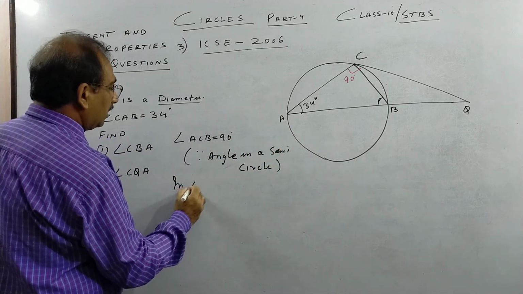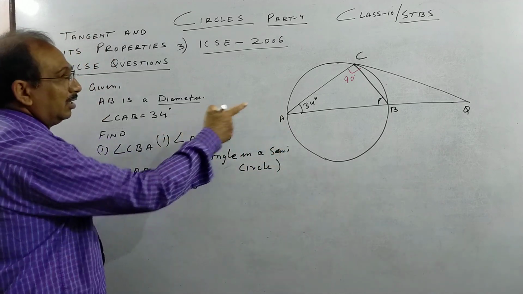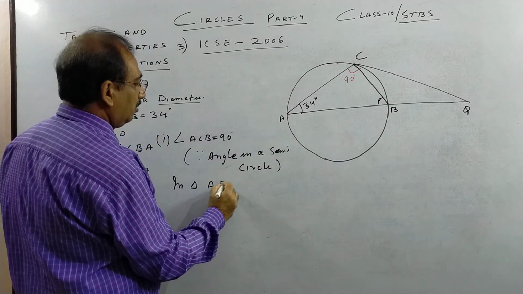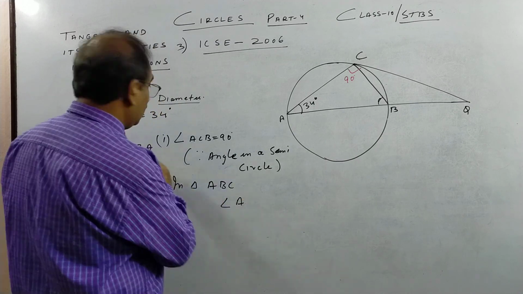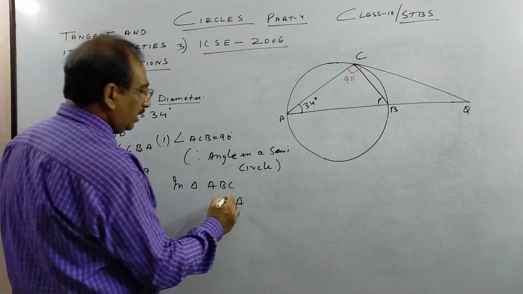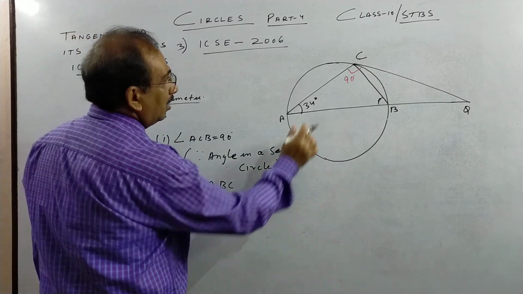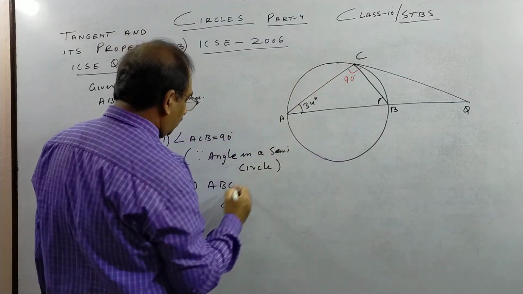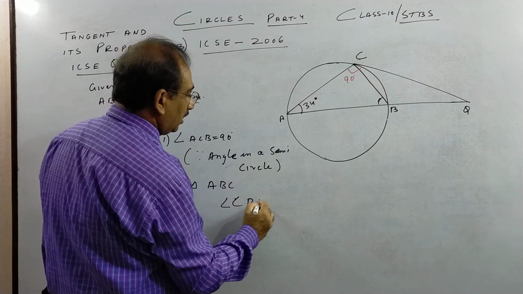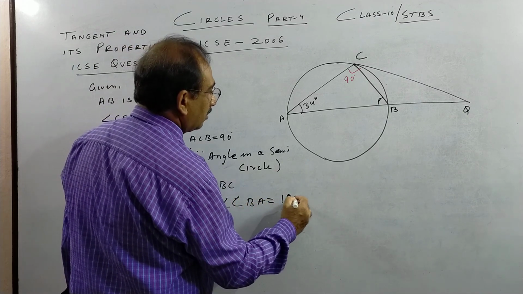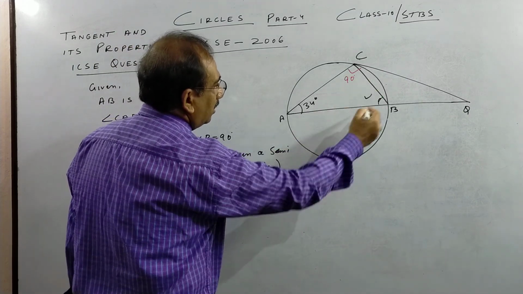So we come to triangle. This is part 1 I am doing. In triangle ABC, children, angle CBA, same wording I use over here. I could have said ABC also, but I am using what the question is saying. Angle CBA is 180 minus, sum of 3 angles in a triangle is 180 degree.